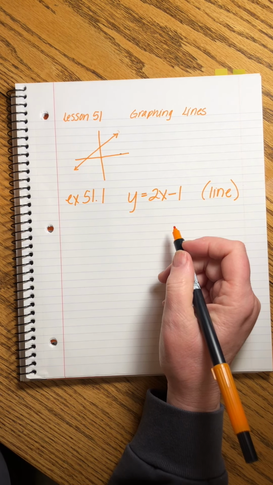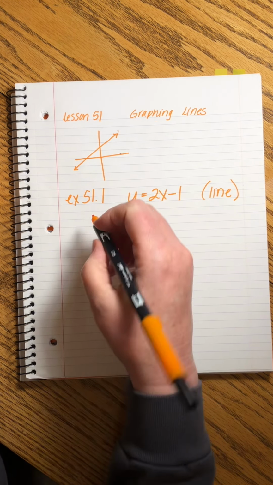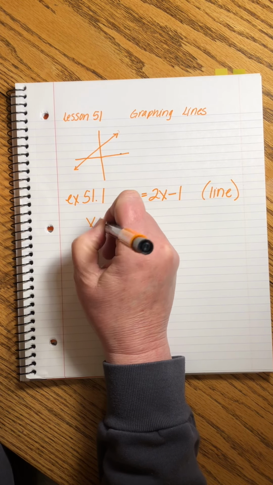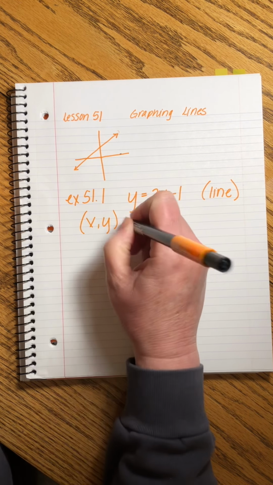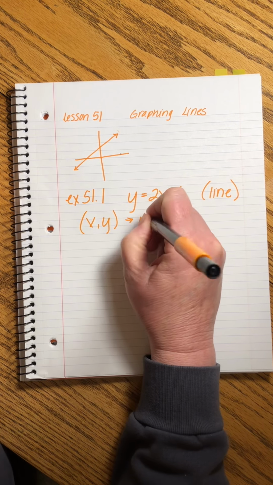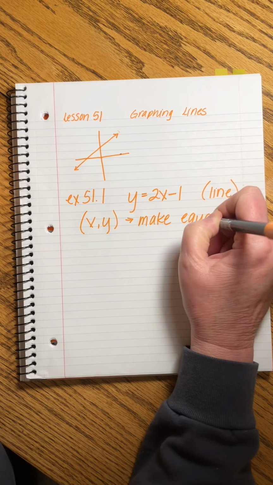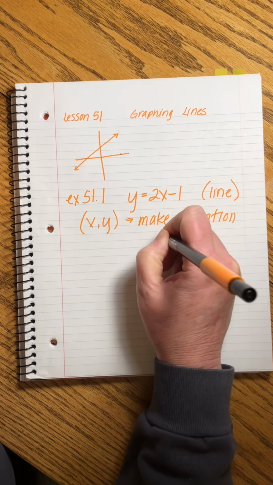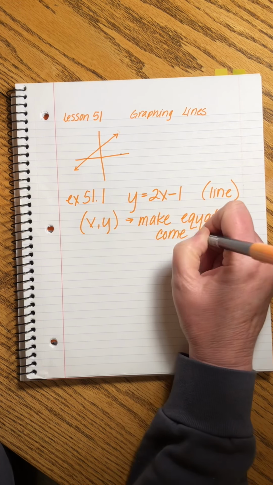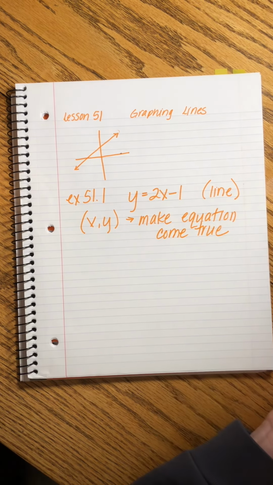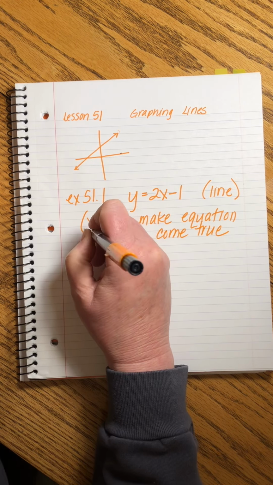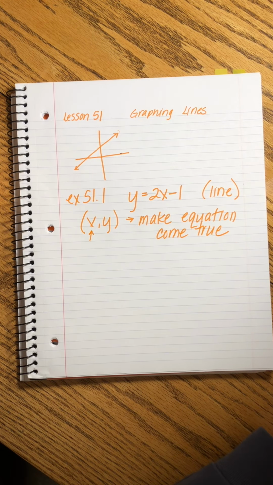And we know that we can find pairs of points, x and y, that will make this equation come true. What we'll find is that we can pick any x values we want.